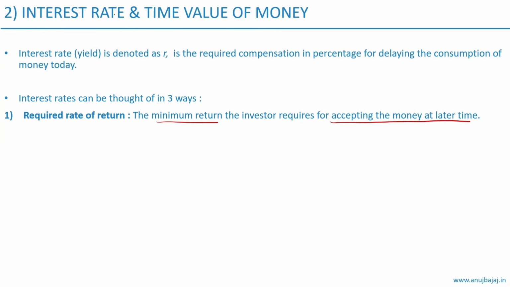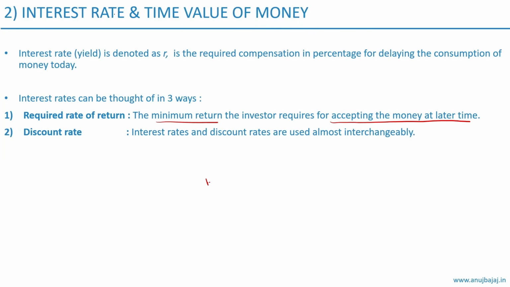The second way in which interest rates can be interpreted is the discount rate. In the second option that I gave you, you had an option to receive $10,000 after 1 year, and the interest rate was 5.26%.